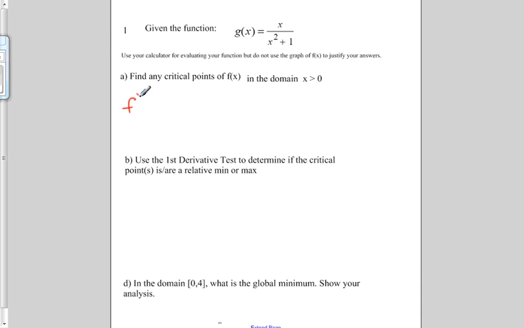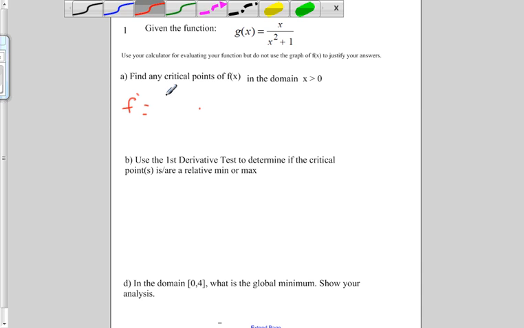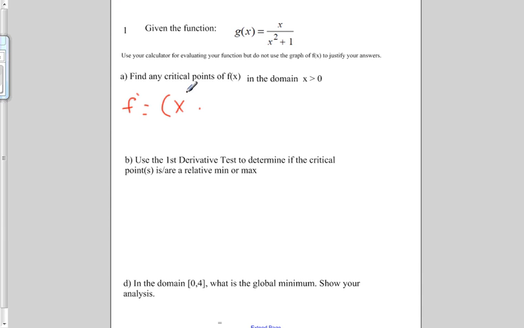So f prime of x is low d high, which is just 1, minus high d low, all over low squared.